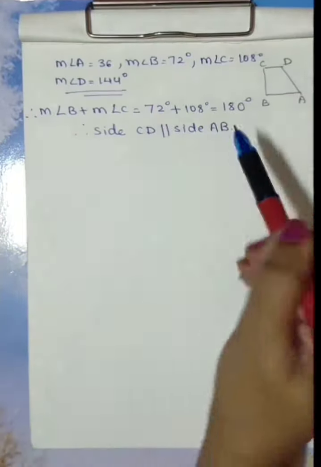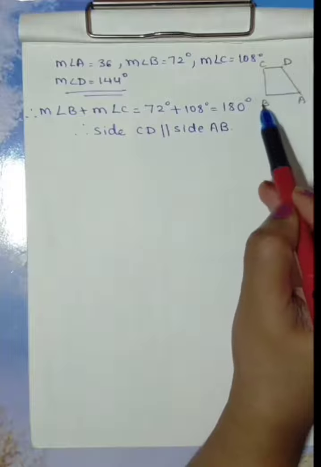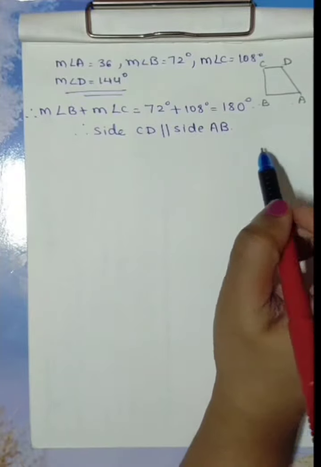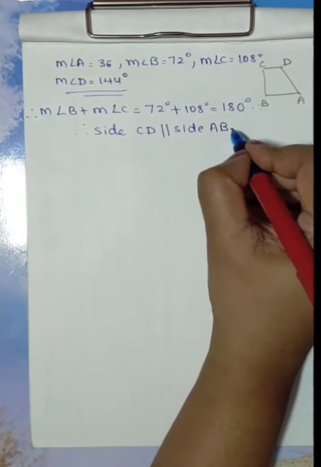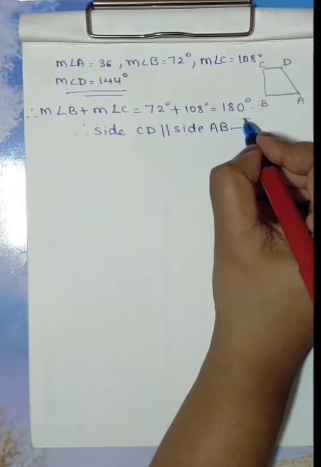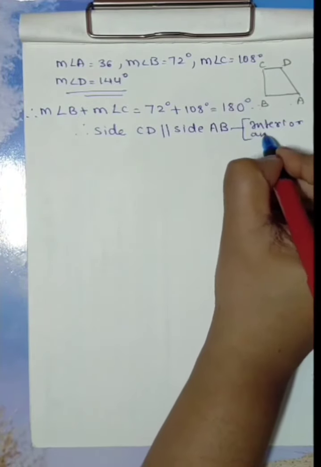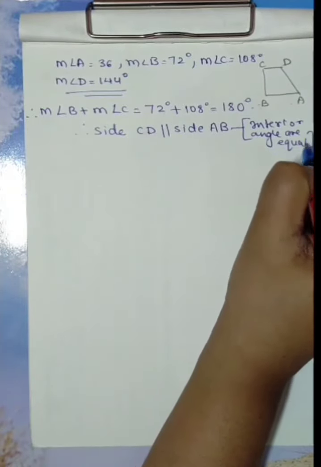See, I have drawn a rough diagram so that you should understand. See, side CD is parallel to side AB. Why? Because the interior angles are supplementary. I hope you are understanding.